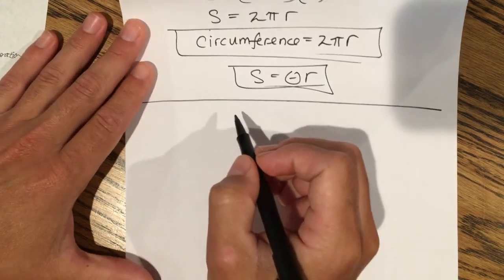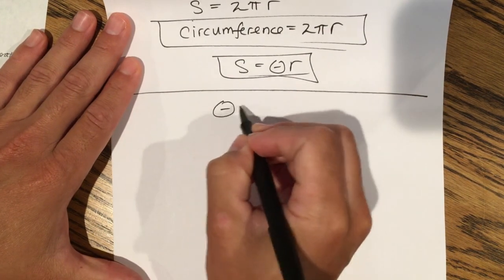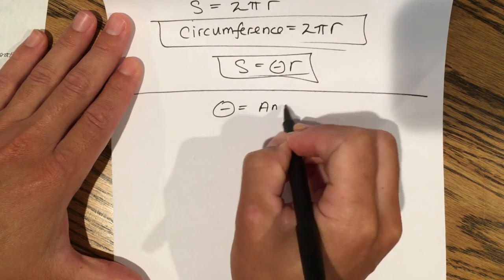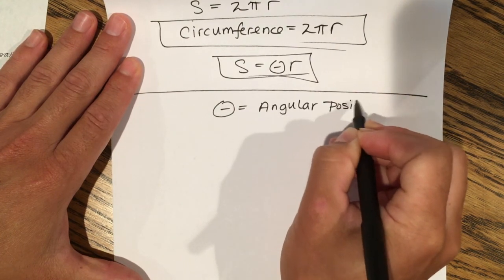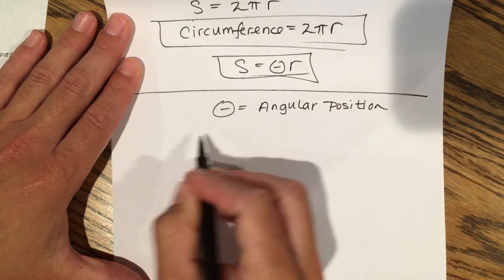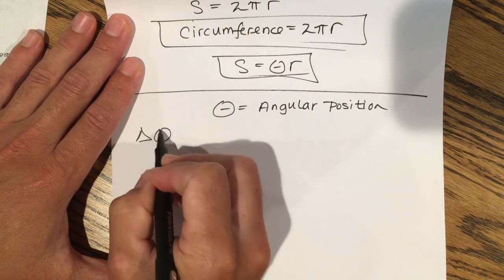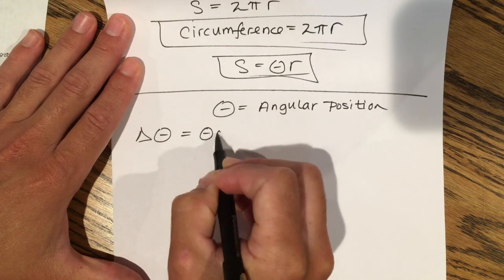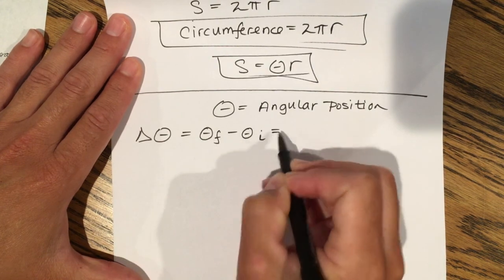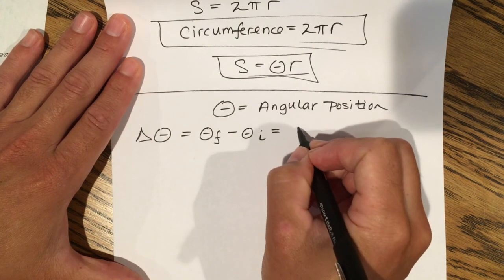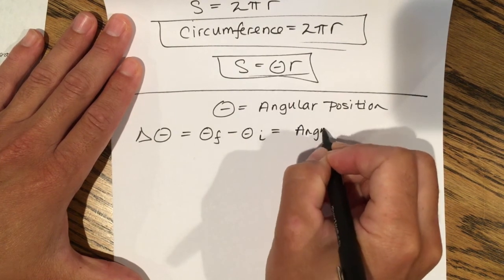So we just said angular position is represented by the variable theta. And therefore, if we change our angular position, theta f minus theta i, we get angular displacement.